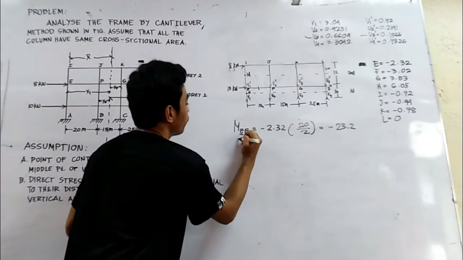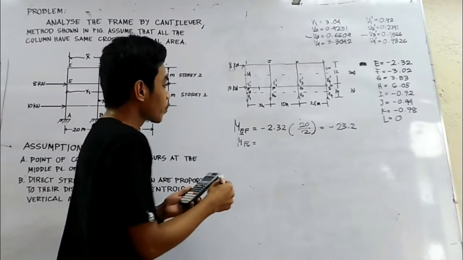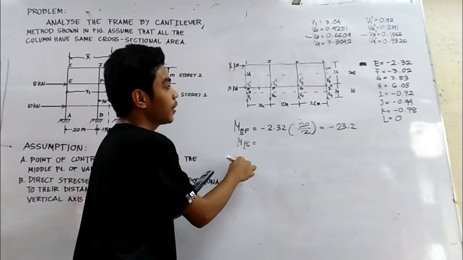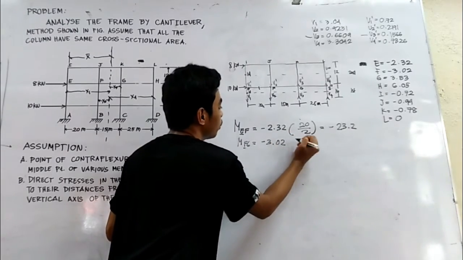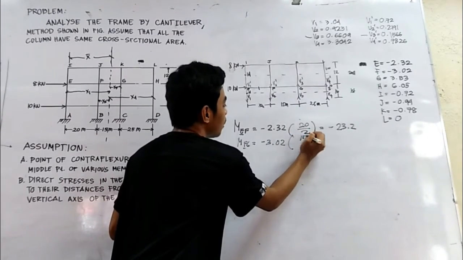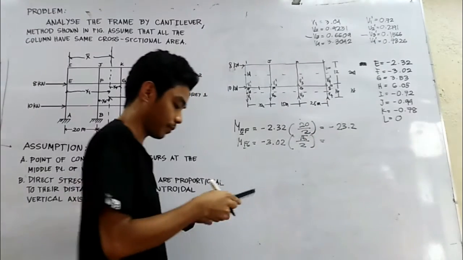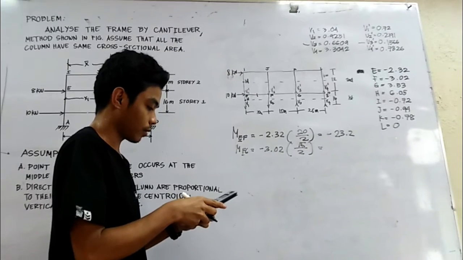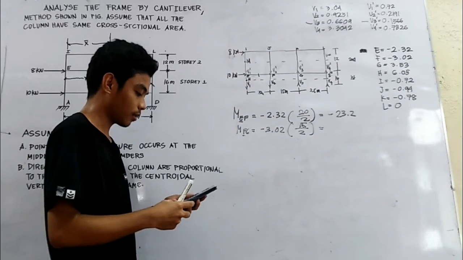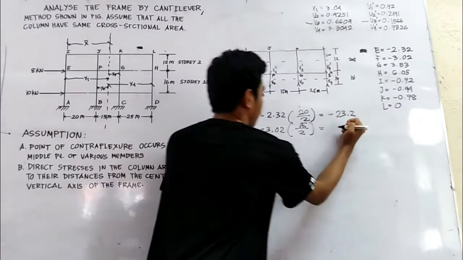Then, sunod, moment at member FG is equal to yung value natin sa point F is negative 3.02 times 15 all over 2. So, meron tayong negative 22.65.